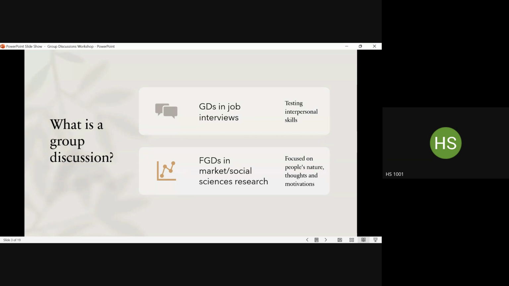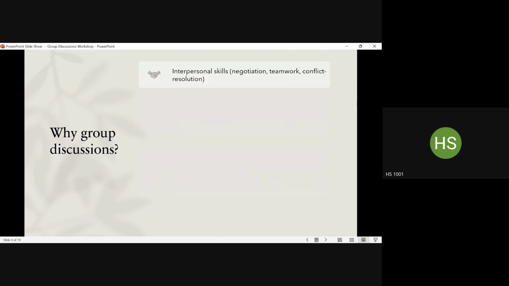Why do they think in a certain way? Why do they behave in a certain way? For the purposes of this session, we will only be concerned with the first kind of group discussion, not with focused group discussions. Okay? Now, when I say interpersonal skills, what exactly do I mean?